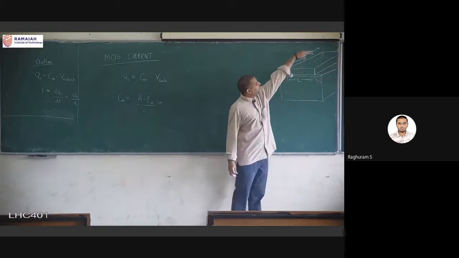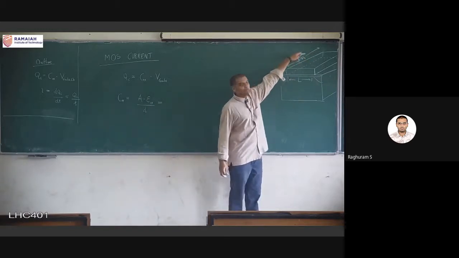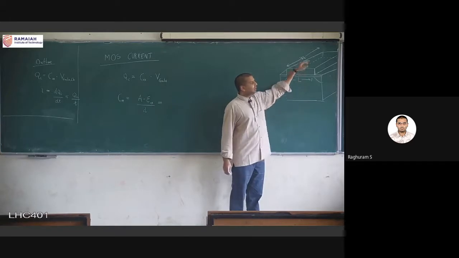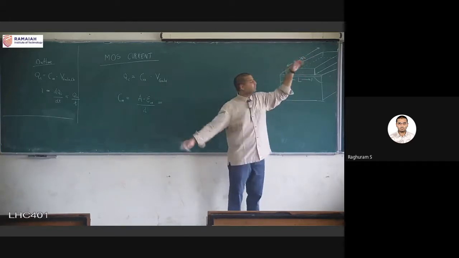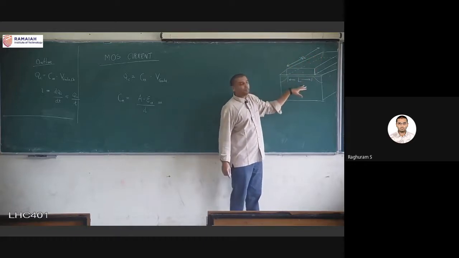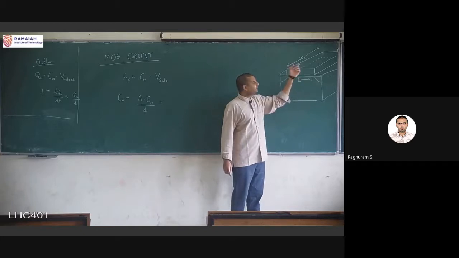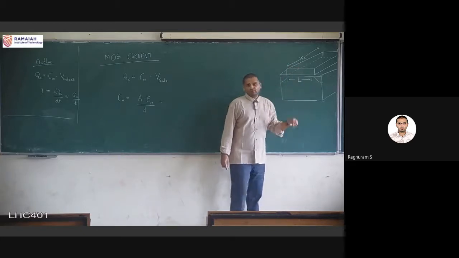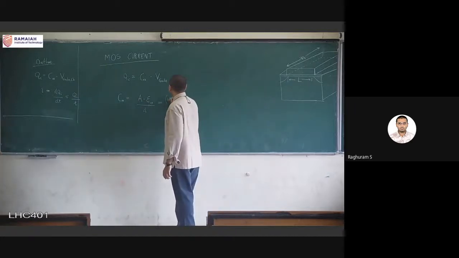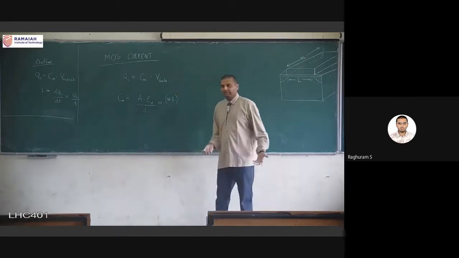In particular, it has a width W and a length L, which means the size of the parallel plate, or the area of the parallel plate. This is one parallel plate, the gate terminal. The one below is the other parallel plate, the substrate terminal. So what is the size of the parallel plate? It is nothing but the size of the gate terminal, which is given by W into L. It is a rectangle, right?